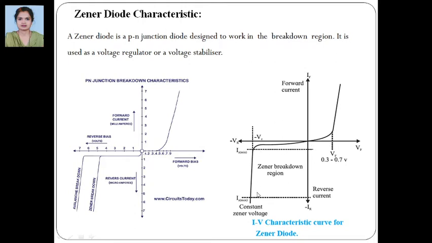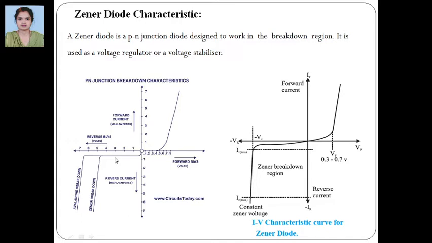In the reverse breakdown region, up to some voltage, current does not increase, but at a typical voltage, which is called the Zener breakdown voltage, current starts increasing sharply and very high. This is nothing but IZ maximum current. The region between IZ minimum and IZ maximum is called the Zener breakdown region.